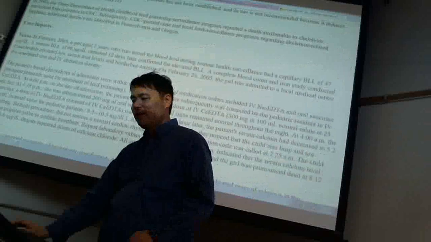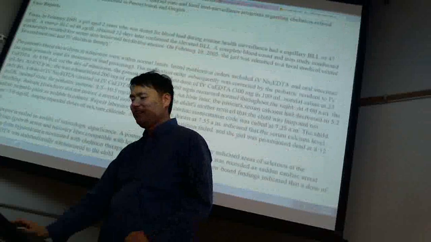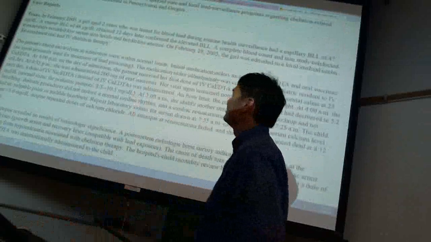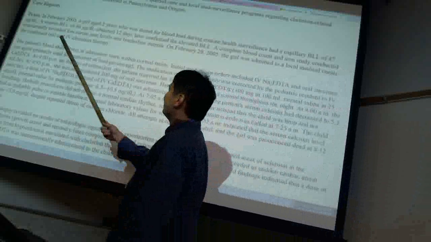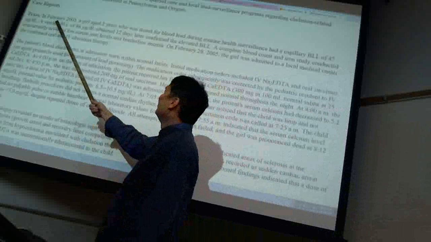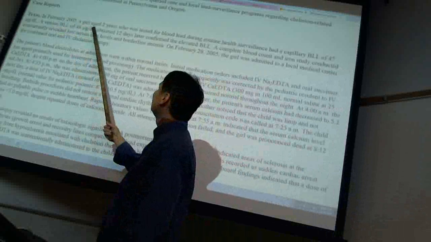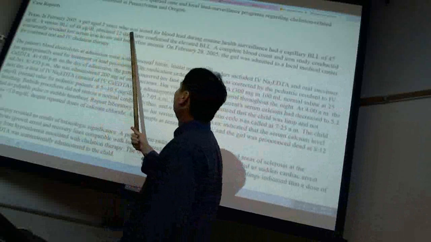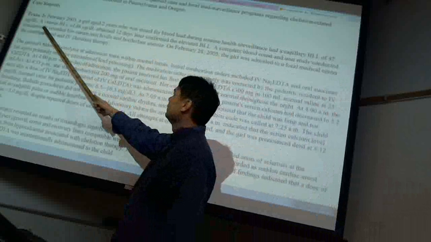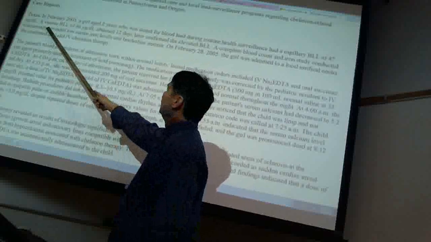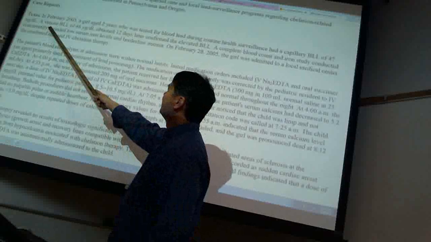Well, this is probably the 50th time I've read this, but each time I read this, I just can't believe it. It's so sad. In February 2005, a girl aged 2 years who was tested for blood lead during routine health surveillance had a capillary blood lead level of 47 micrograms per deciliter, which would be 47 parts per billion.